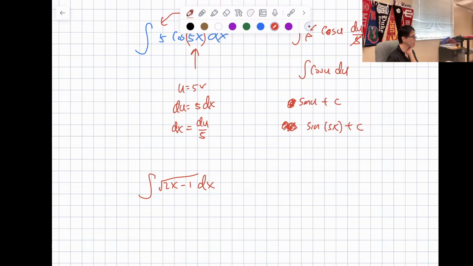Square root is a parenthesis with a fractional exponent. Let you cook. Mine is not a plus.